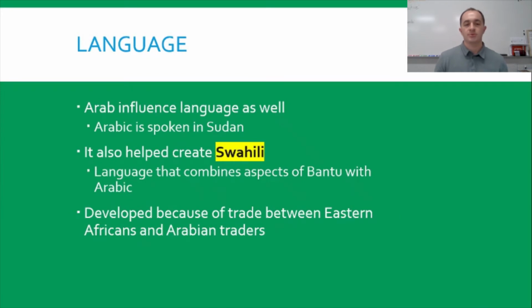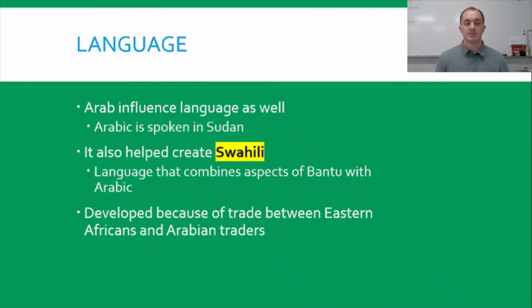More about language is we have Arab influences on the language as well. So it's not just the European colonialism and the English language that came with that. We also see Arabic have a big impact on areas as well.